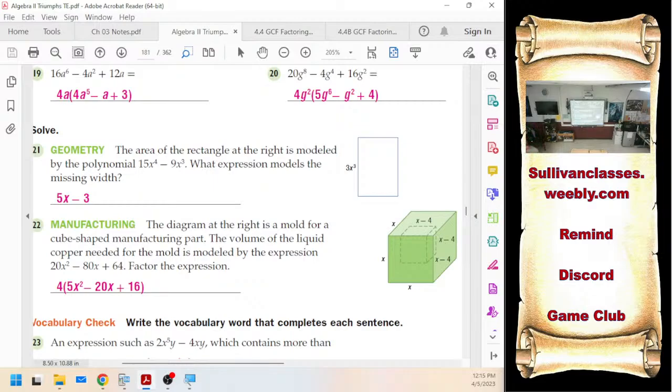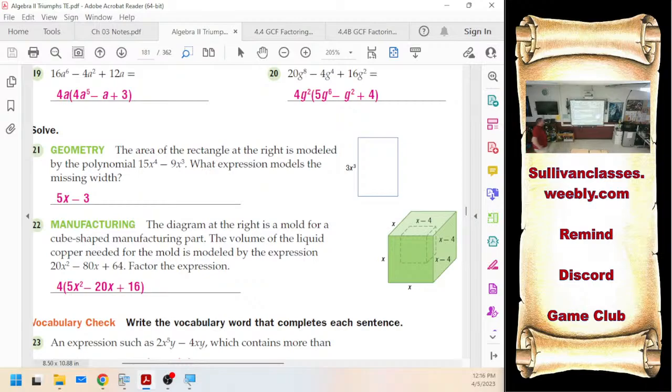21, 22, they say an area is this. What is the width? Notice that they have 3x to the third on there, and that's the length. How do I find area of a rectangle? Length times width, right?